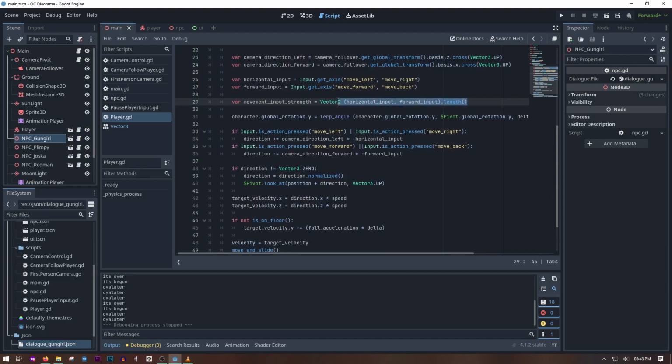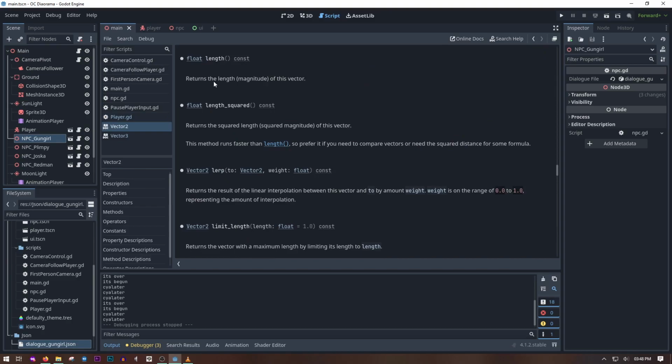Movement input strength is vector 2, horizontal forward input length. So that is making it so that in a 2D vector, these two things, dot length, returns the length or magnitude of this vector.